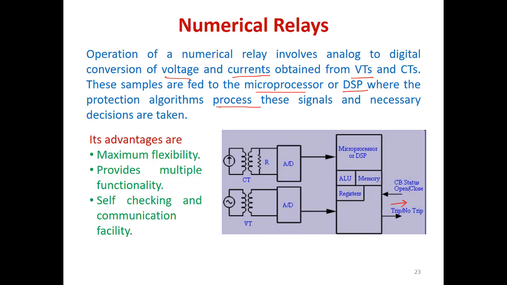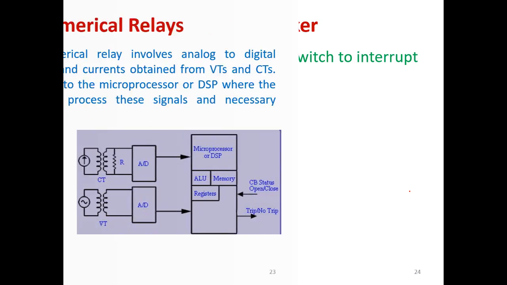And self-checking and communication facility. It has various communication ports or communication protocols through which it can communicate to the control center, to the substation. It can be made adaptive also. Adaptive in the sense that if you want to change the settings, it can be done automatically, right? The settings can be changed.